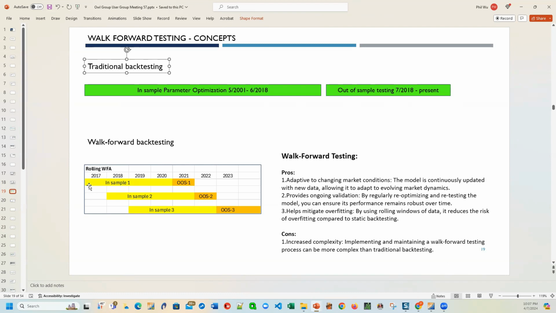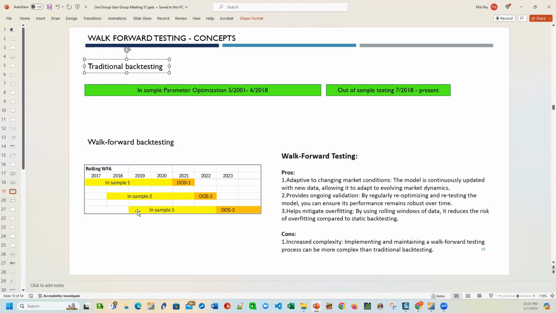So you have an in sample period, and for this shorter in sample period, you come up with the parameter optimization for out of sample period 1. Then you step down and do another in-sample period and do the parameter optimization for out of sample period 2.